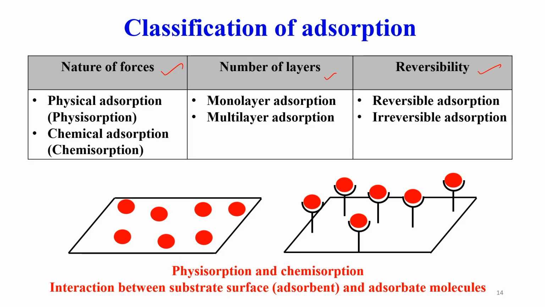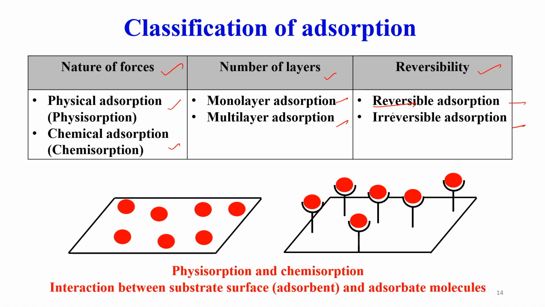Based on the nature of force, one can say physical adsorption or chemical adsorption. Number of layers: monolayer and multilayer. Reversibility: reversible or irreversible. Typically, when there is not a very strong binding with the surface, we can achieve reversibility, but in the case of very strong binding, it is difficult to achieve reversibility.